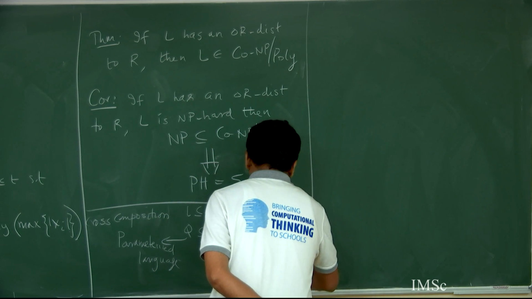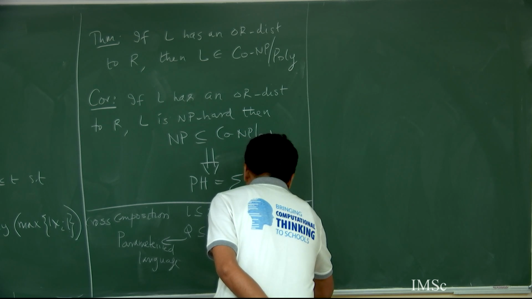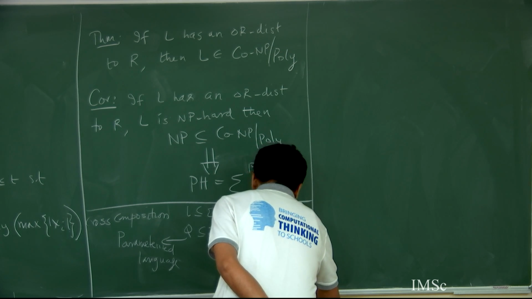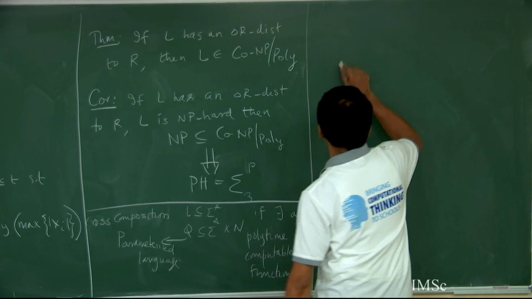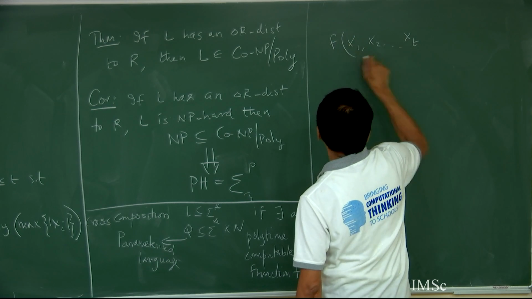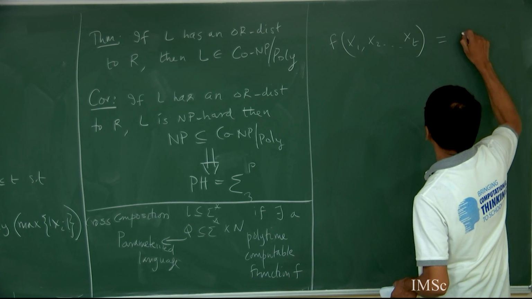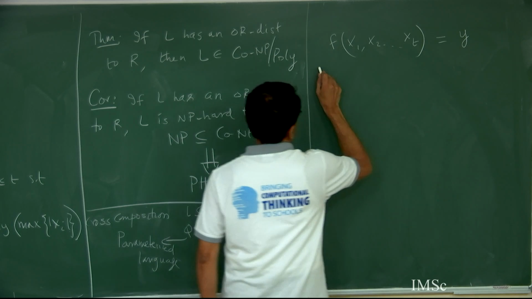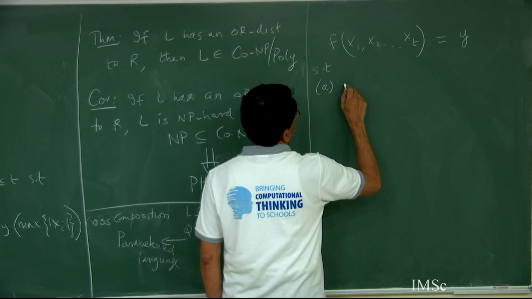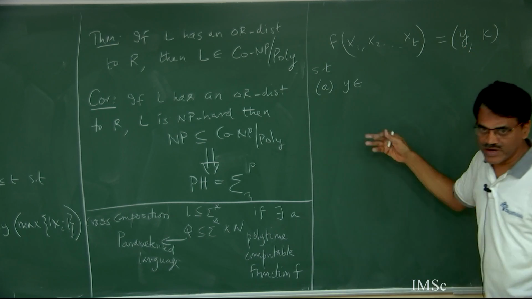Again there exists a polytime computable function which takes t instances of L, or t strings, and gives me a y, such that it should give me (y, k), because it is a parameterized language.